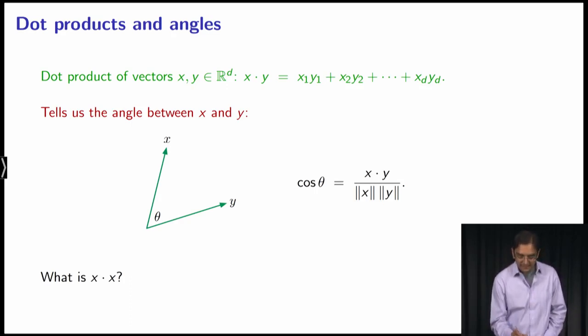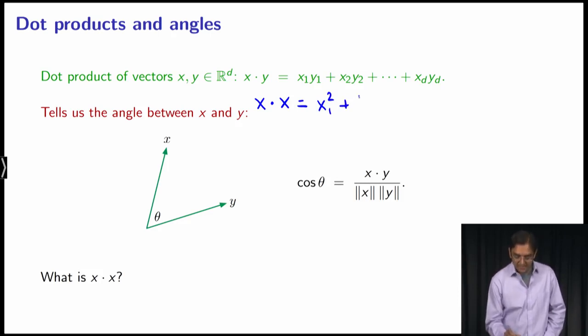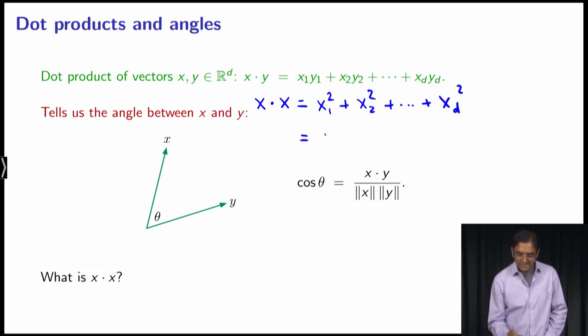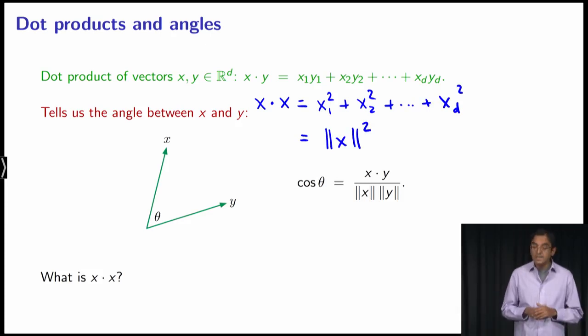Let's try that. Okay, so x dot x is x1 squared plus x2 squared, all the way to xd squared. Oh, so this is just the length of x squared. It's the squared Euclidean length of x.